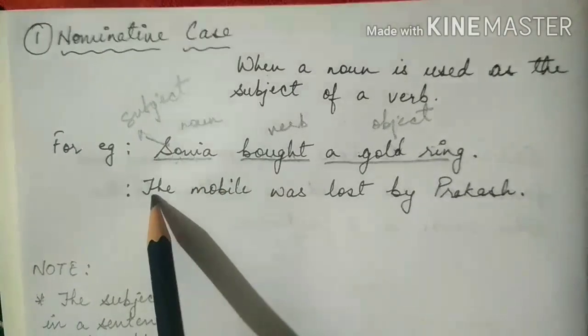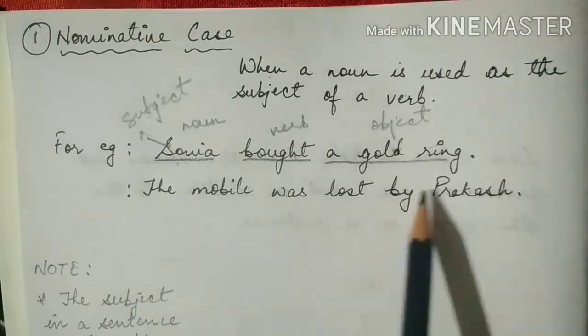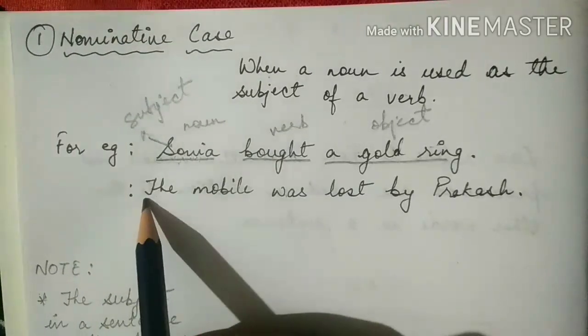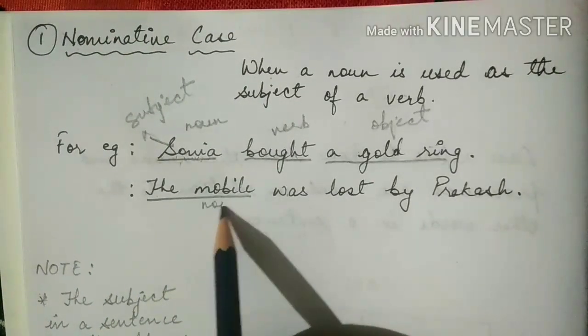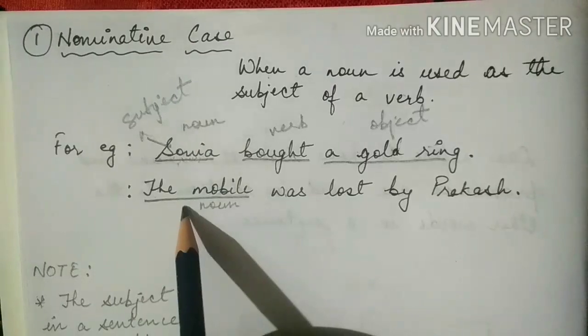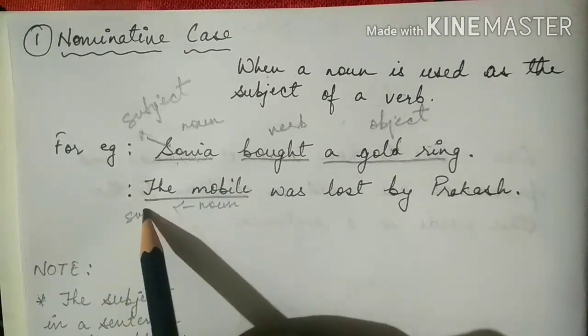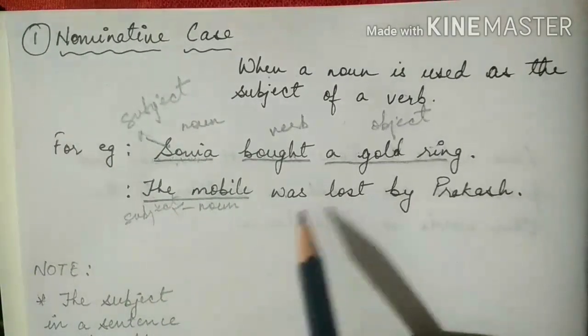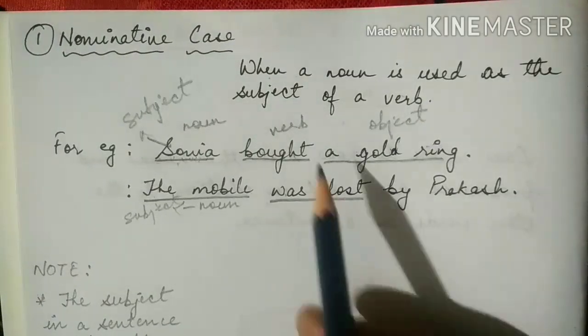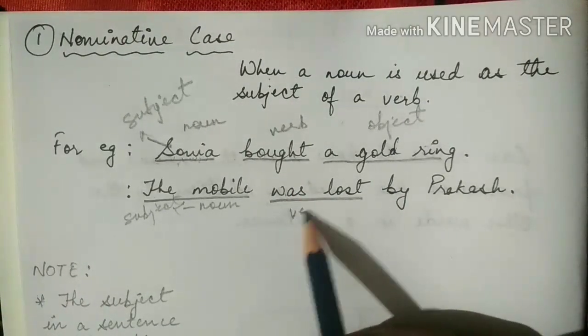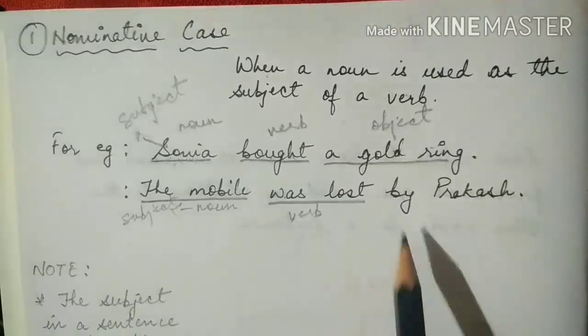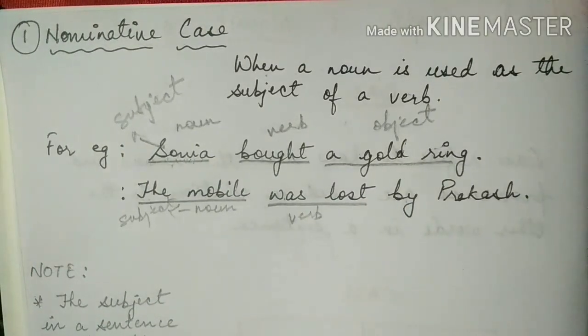Fine. The next is, the mobile was lost by Prakash. So the mobile is a noun and it is the subject. Fine. Now was lost is our verb. By Prakash is the remaining part of the sentence.